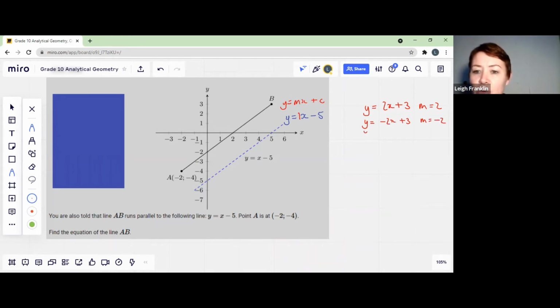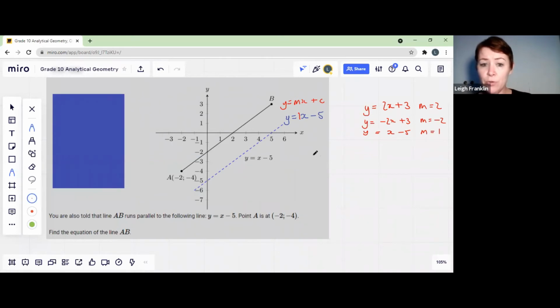So if they tell you a line is y equals x minus 5, they are telling you that the gradient is 1. So remember, when we write a letter on its own in algebra, if there's not a number in front of it, it means that the number in front of it is 1. Okay, so now you know that the gradient of line AB is also 1.